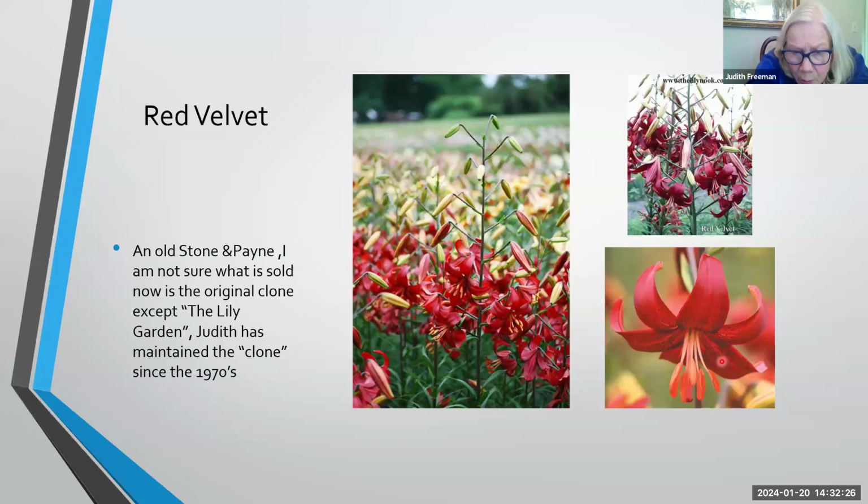There's always a little red stripe or a little orange stripe out of the nectary furrow. And if you look at the pollen and the anthers, you can see how thin the anthers are, and it's because it is a triploid, and you can get some embryos, but not many. I've never gotten many out of it, but it's a wonderful lily.